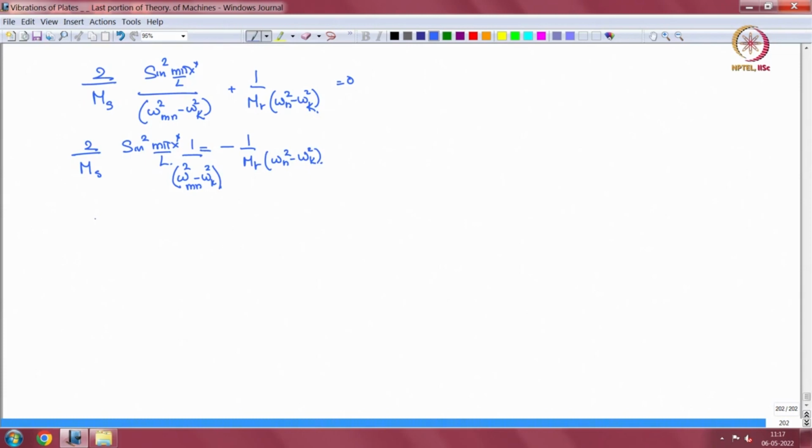So if I say twice m ring by m shell sine square m pi x star by L, okay, into omega n square minus omega square k is equal to omega k square minus omega square mn.